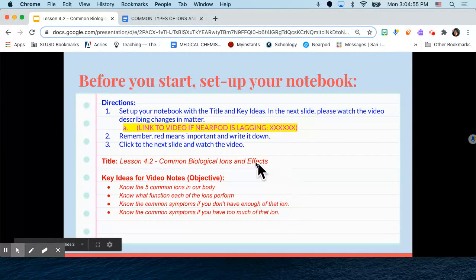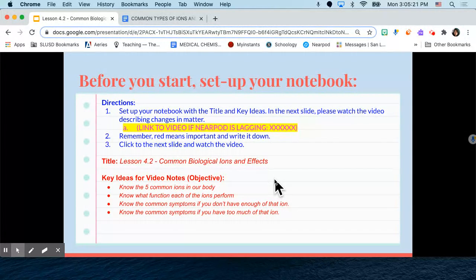Now, before I go over these symptoms, know that when we are diagnosing patients, we often don't just use symptoms, right? We often have tests that are more quantitative or numerical that are much more accurate than this. This is just our general introduction to some symptoms that we might experience.